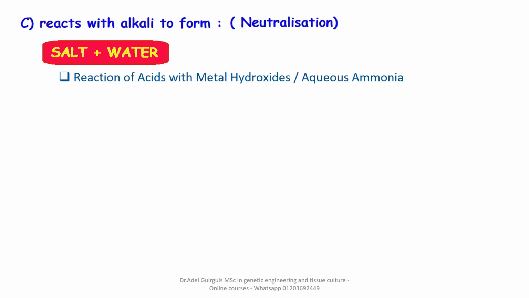Letter C, acid reacts with alkali to form salt plus water. This is called neutralization, the reaction between an acid and an alkali. Reaction of acids with metal hydroxides like KOH, NaOH, or aqueous ammonia forms salts and water.